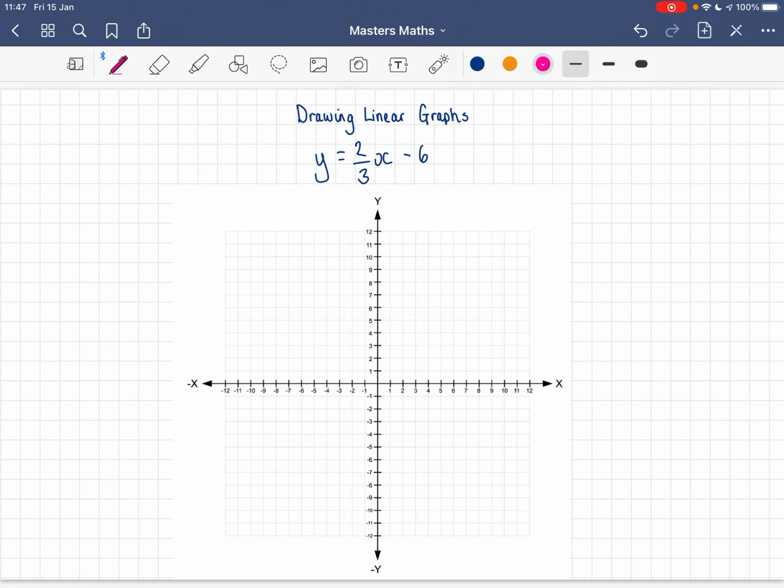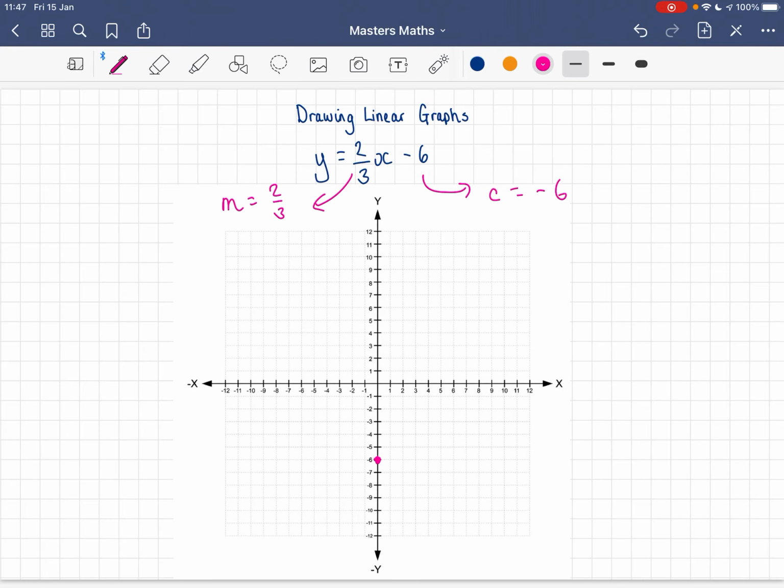Obviously, it's more difficult when you have a fractional gradient. So in this question, your gradient is 2/3 and your y-intercept is -6. Okay, so I start in the graph at -6, so down here. And then our gradient is 2/3.